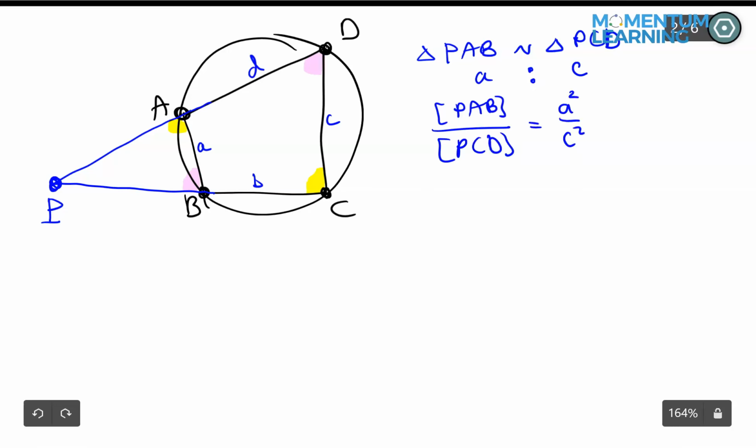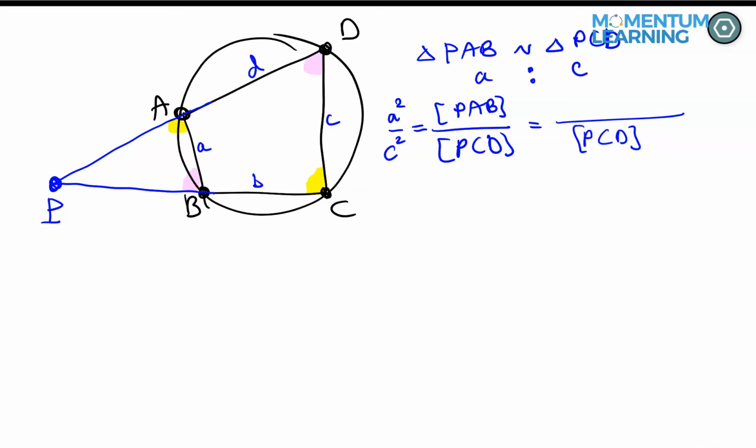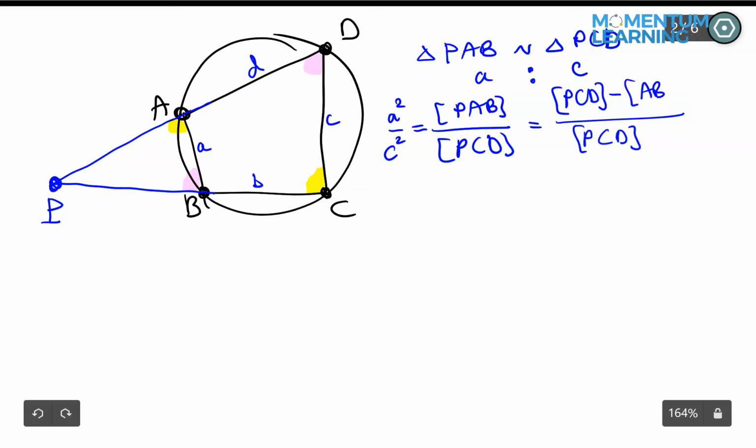But wait a second, PAB to PCD, let's keep the PCD. I like that because I'm going to use Heron's formula here. But I can express PAB as the difference between PCD and the cyclic quadrilateral, whose area is the area I want to compute. So therefore now that makes sense.